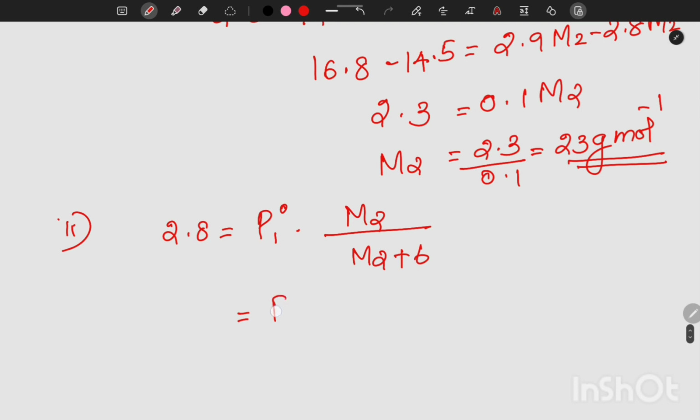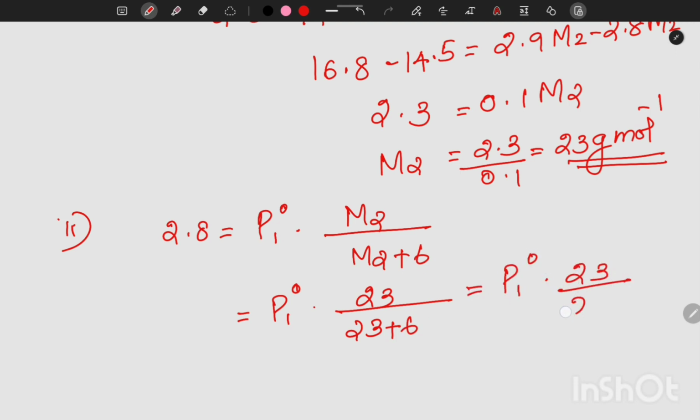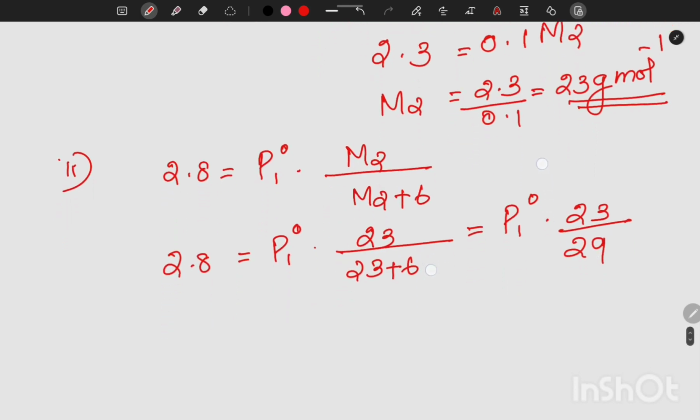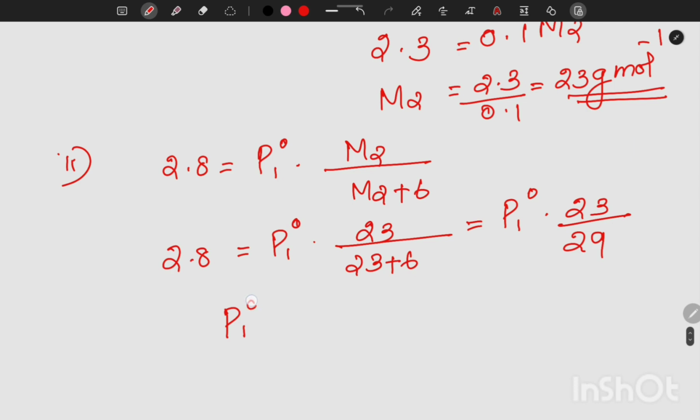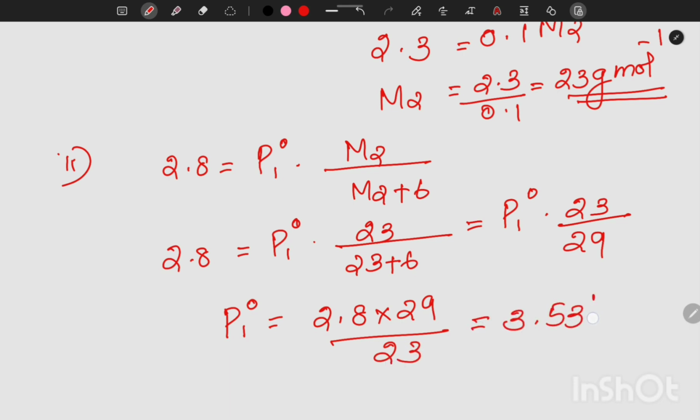That is equal to P1⁰ into, M2 is 23, 23 plus 6. So P1⁰ into 23 by 29 is equal to 2.8. Therefore, P1⁰ is equal to 2.8 into 29 by 23. That we will get 3.53 kilopascal.